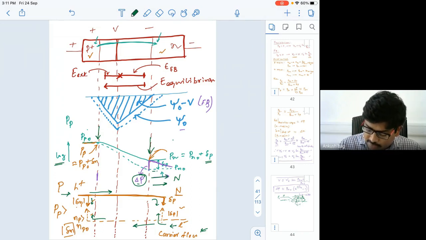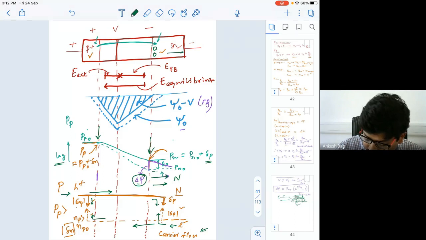Another important assumption. Here, you have holes. Let me draw. Let's say these are the holes injected from the P side. Whether these holes will arrive at this terminal.